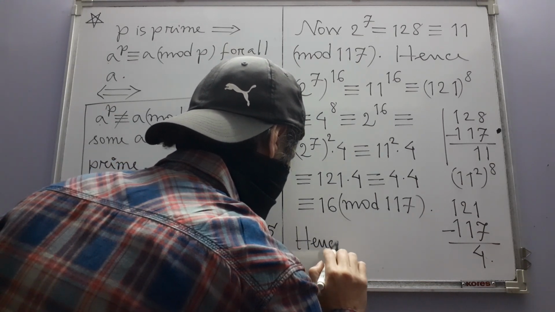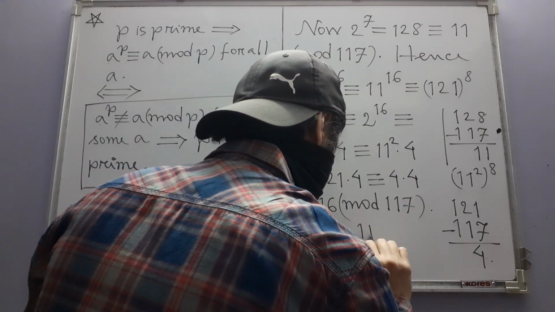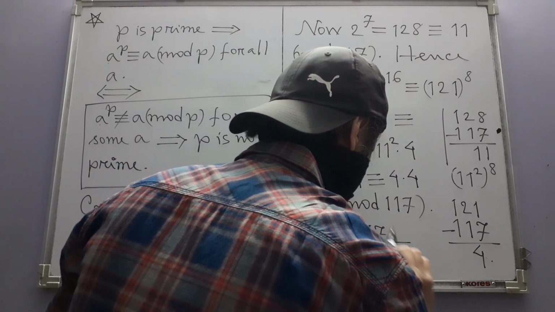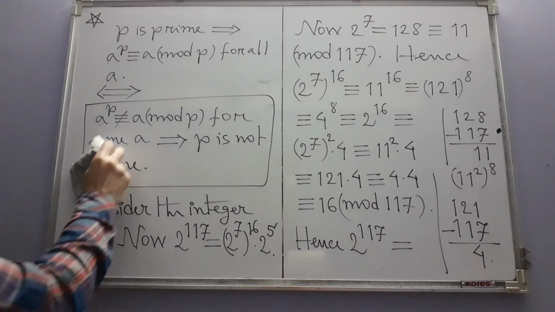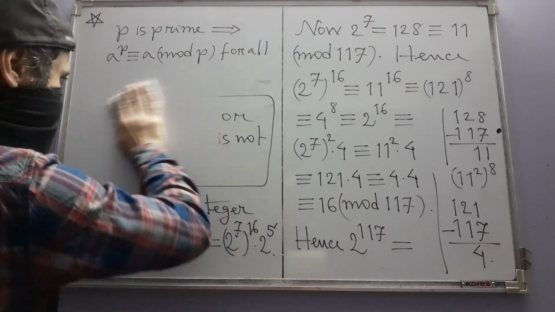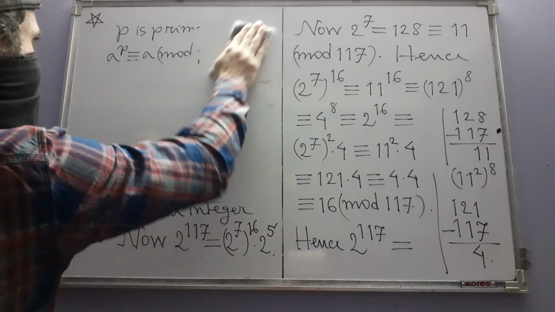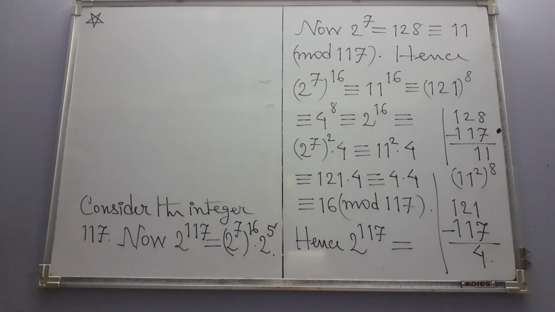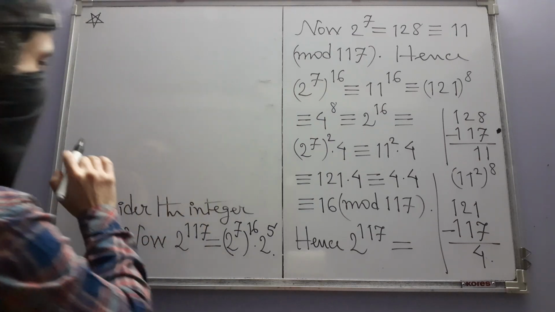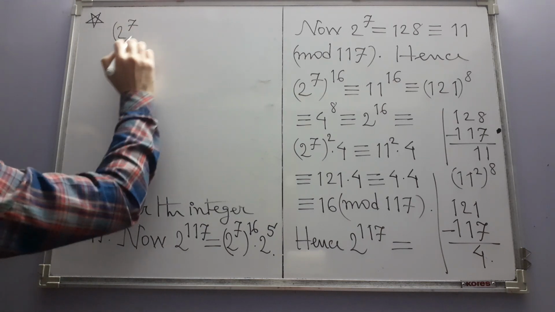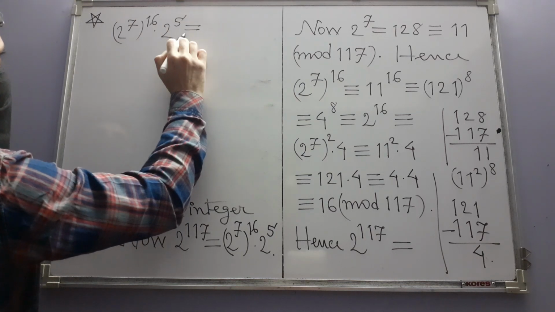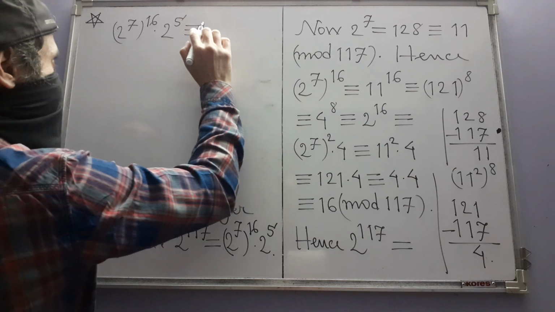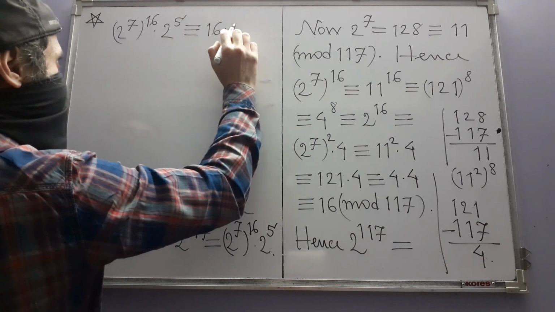Hence, 2 to the power 117 is equal to, I hope I have done everything correctly, the 16th power of 2 to the power 7 times 2 to the power 5, and this thing is congruent to 16 times 2 to the power 5.